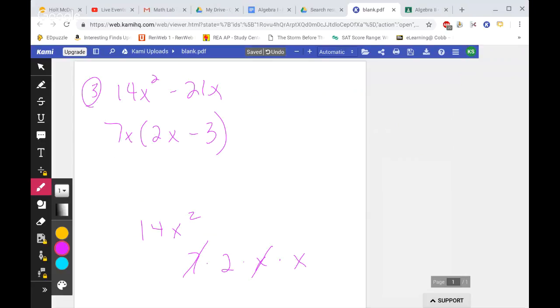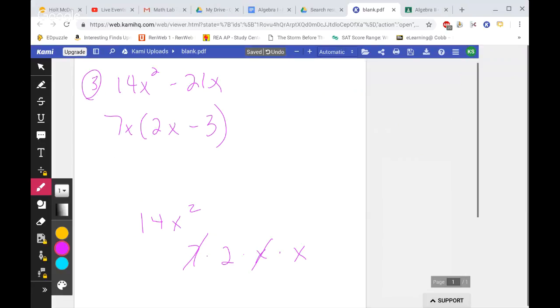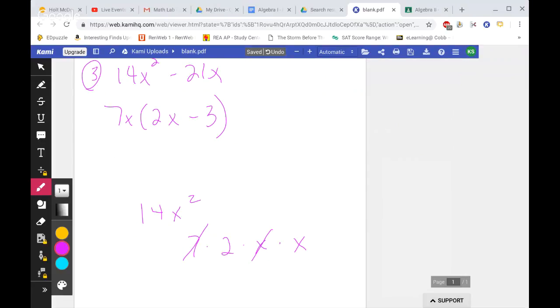And then 21 divided by 7 is 3, but since it's negative 21, it's a minus 3. Okay, I get it. That's exactly where I got it.